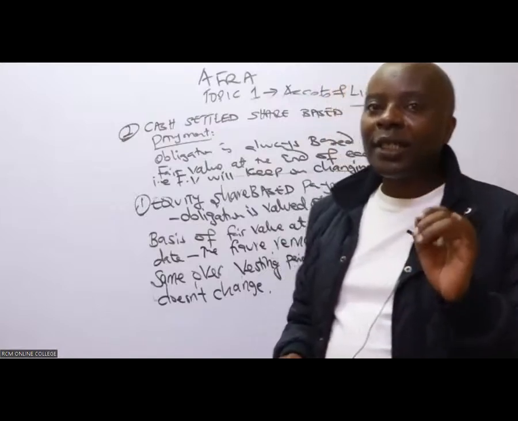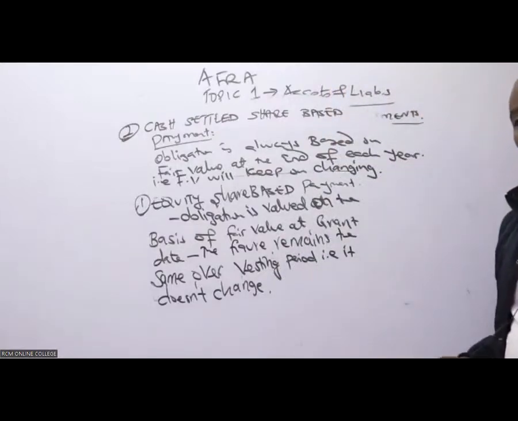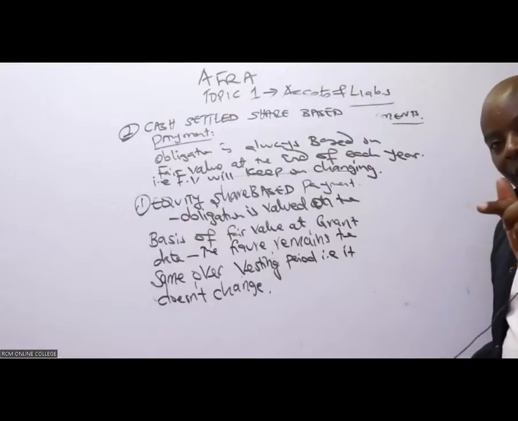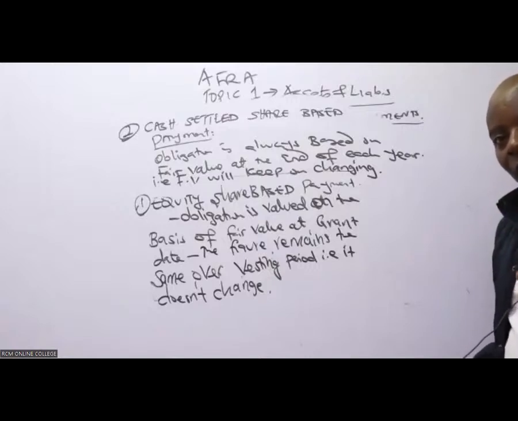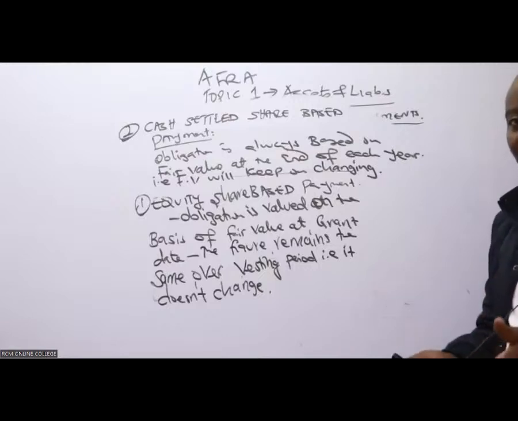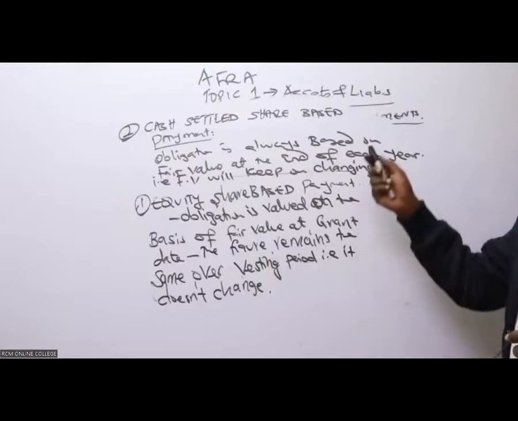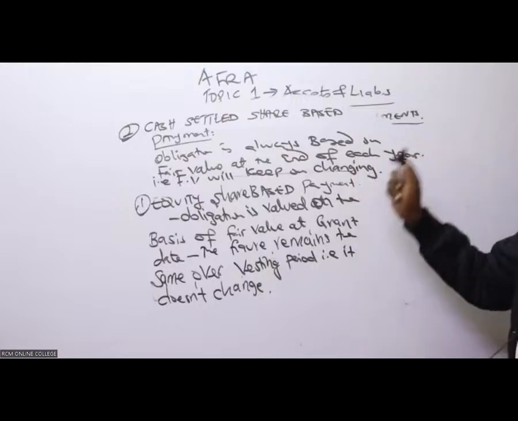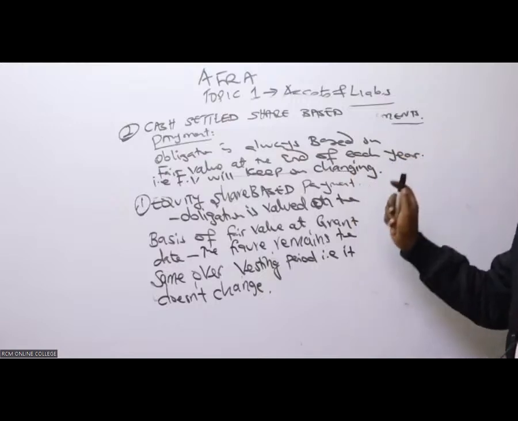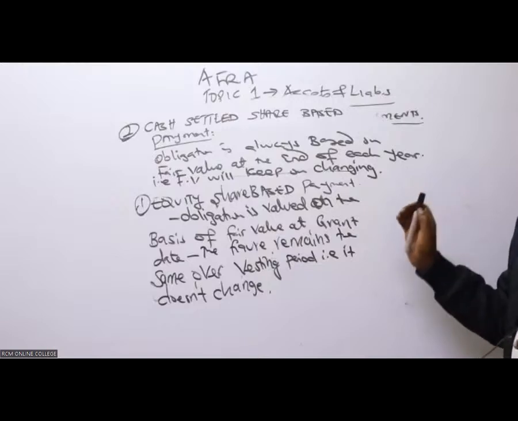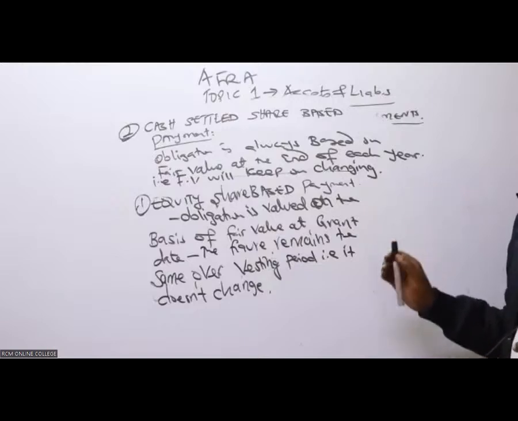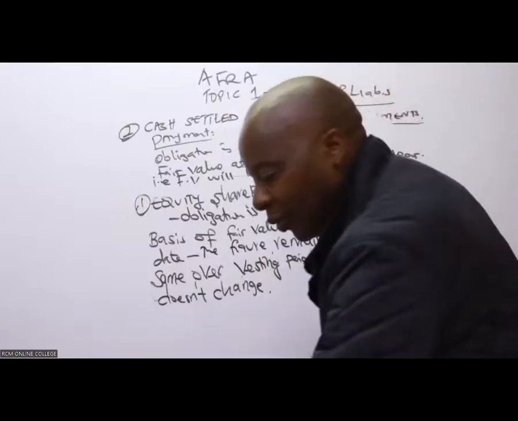But if it's cash settled, because of the appreciation concept, shares appreciating at the end of each year, we expect to push them so that the share price at the end of each year should be increasing. Then to motivate them, for purposes of valuing our obligation towards them, we shall be using the fair value of those shares at the end of each year. And of course, we expect that fair value to keep on changing. Now listen to me very, very well here.